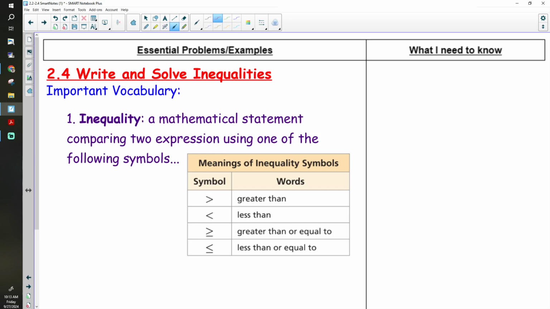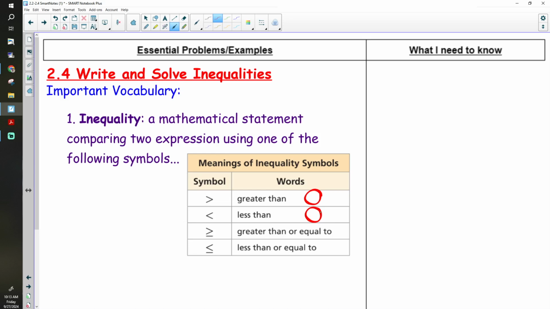Now, one thing we're going to have to do a little extra is when we write down our solutions, we also have to graph them on a number line. And when you do that, for the greater than or the less than symbol, we use open circles when we plot points. Open circles. Write that down, guys.